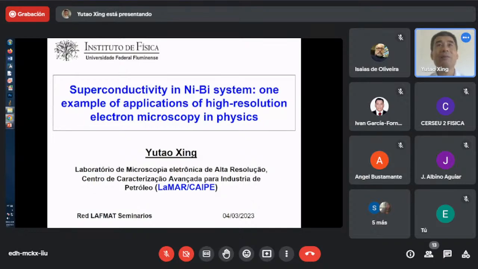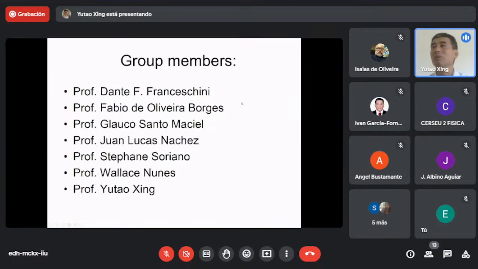So before my presentation, I would like to introduce my research group. We have 7 professors: Dante Francestini, Fábio, Grauco, Juan Lucas Naches, Stefan Soriano, Professor Wallace Nunes, and I, with 7 researchers and staff.